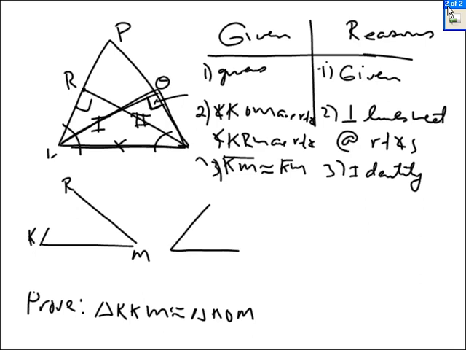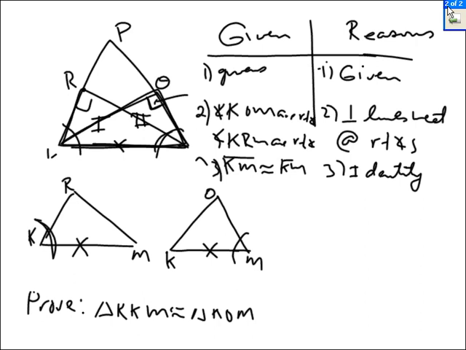That's KM, and here's O. So they both have KM. That goes without saying. And big angle K, that is RKM, this angle right here, is equal to angle OKM, this angle right here. So we have that.